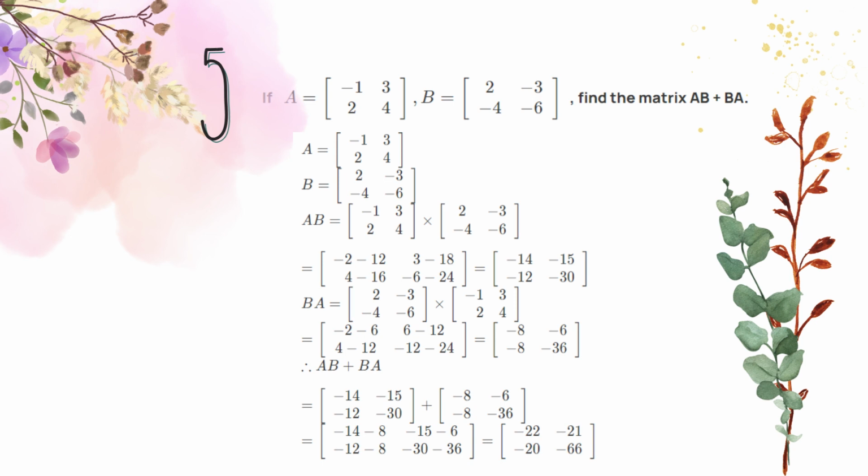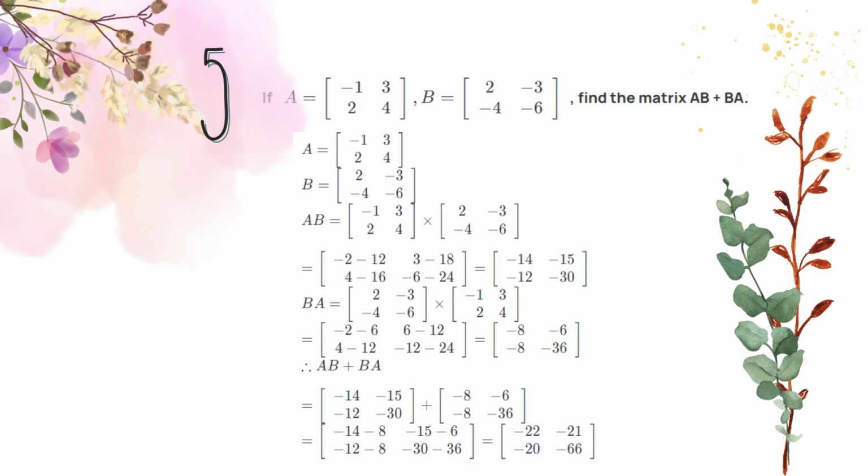AB is equal to -1, 3, 2, 4 into 2, -3, -4, -6. That gives -2 - 12, 3 - 18, 4 - 16, -6 - 24, which is equal to -14, -15, -12, -30.